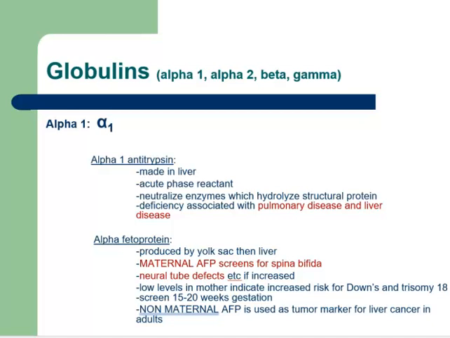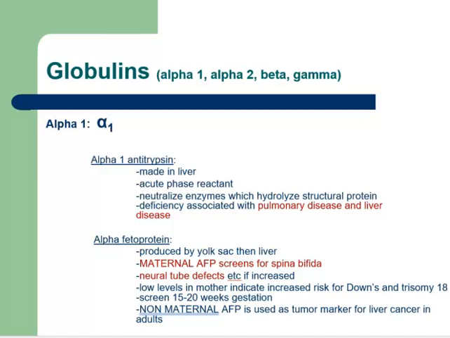We can also test for alpha fetal protein, and if it's increased, it could indicate possible neural tube defects. Neural tube defects are defects where the early brain and spine tubes do not close properly, and there may be a bulge on the neck or spine of the fetus.